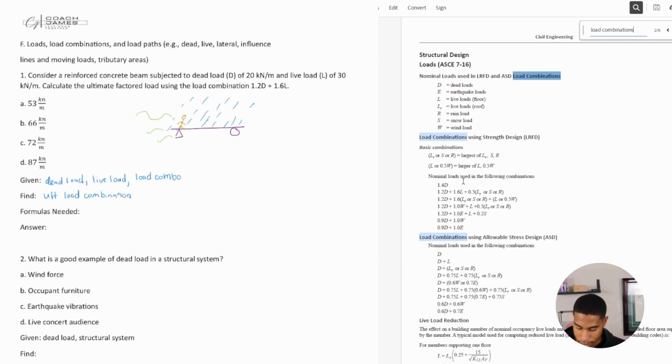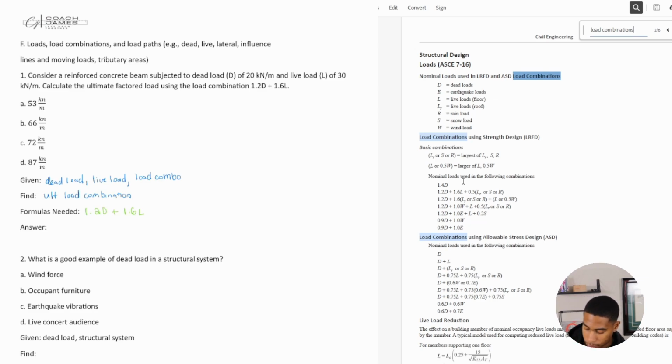But for this particular example, they are just asking us to use the load combination of 1.2D plus 1.6L. If we do that, what is the ultimate factored load that we will get?